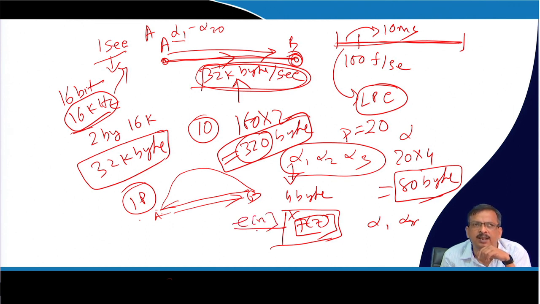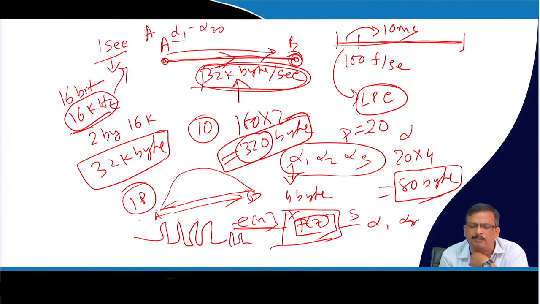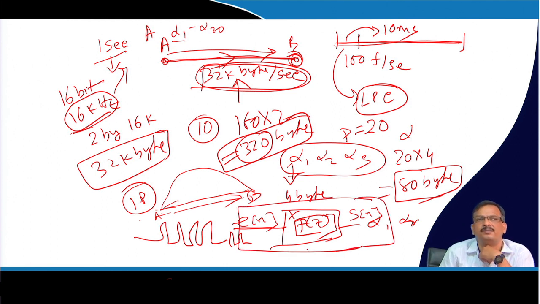What is e(n)? e(n) is the glottal excitation vibration, nothing but an impulse. So I excite that 1 by A(z) with an impulse train and I get back my speech signal s(n). That is LPC synthesis. So instead of transmitting 320 bytes, I am transmitting only 80 bytes. That much compression I receive.